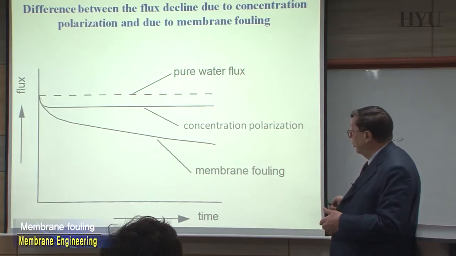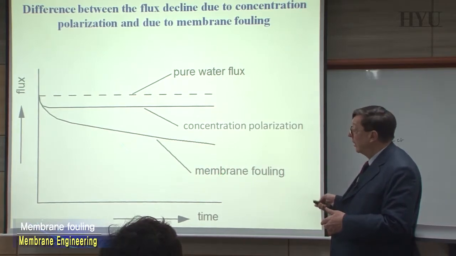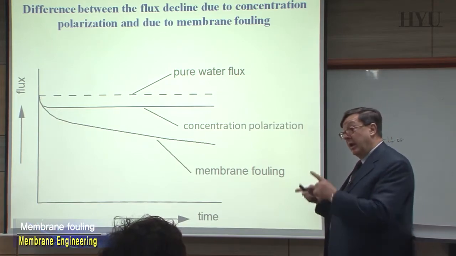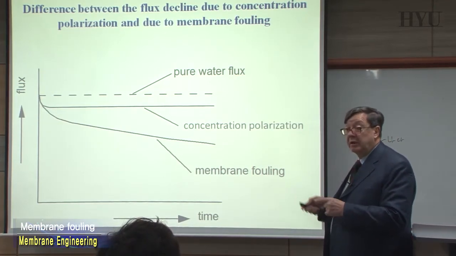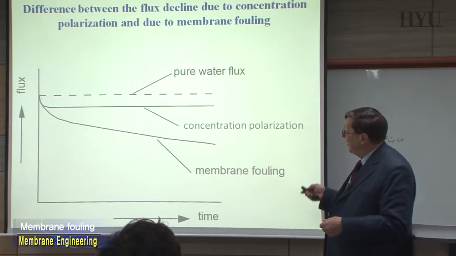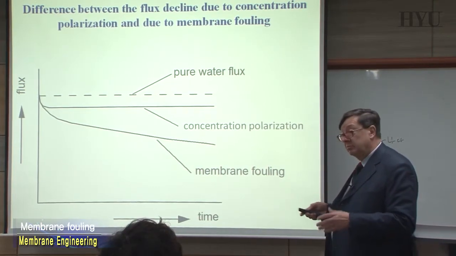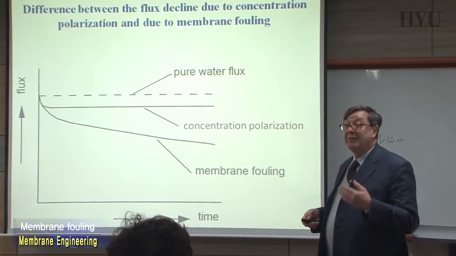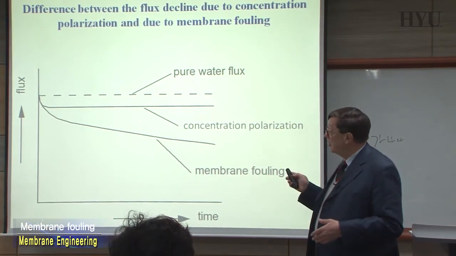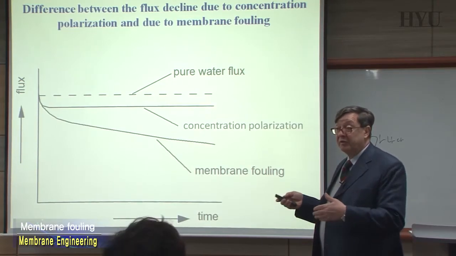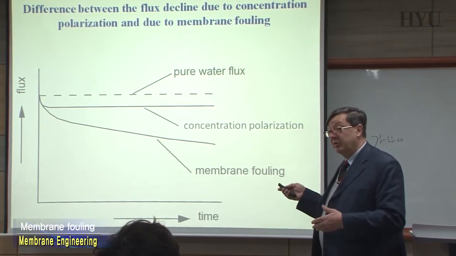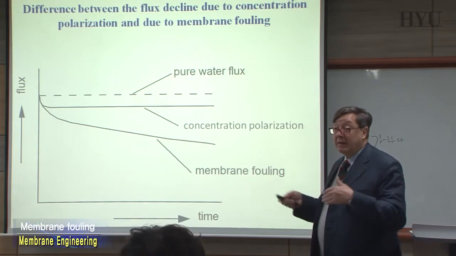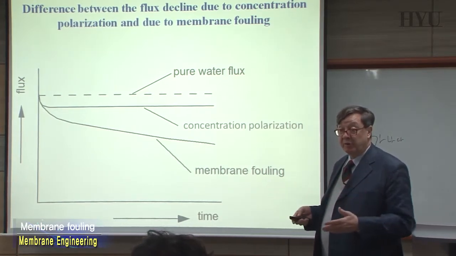This is what we call membrane fouling, a constant, continuous decay of the transmembrane flux, and the consequence also in the selectivity of your membranes. This kind of phenomena can affect not only the behavior of your membranes at the moment, but lifetime of your membranes. Normally, when you install membranes in reverse osmosis, in ultrafiltration, in membrane distillation, you expect this membrane working for years, months, years, long time, as much as possible.